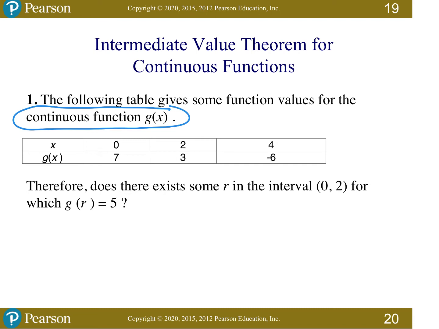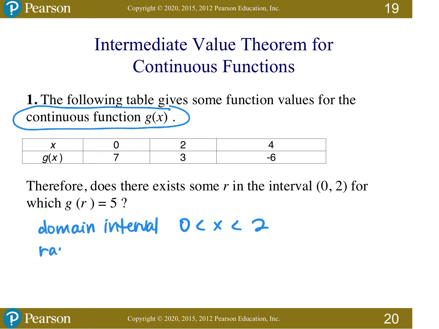Therefore, the question is, does there exist a place in the interval between 0 and 2 where the function might be equal to the number 5? So they've given you the domain. The domain interval is 0 to 2.